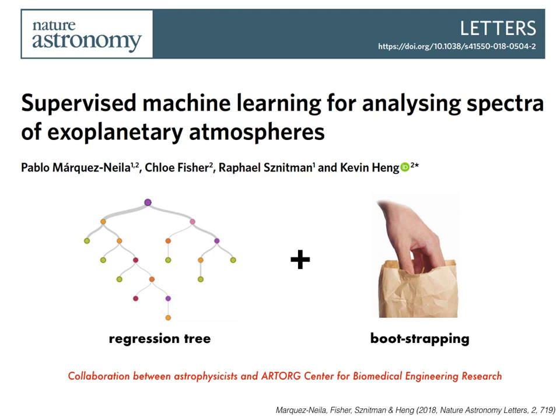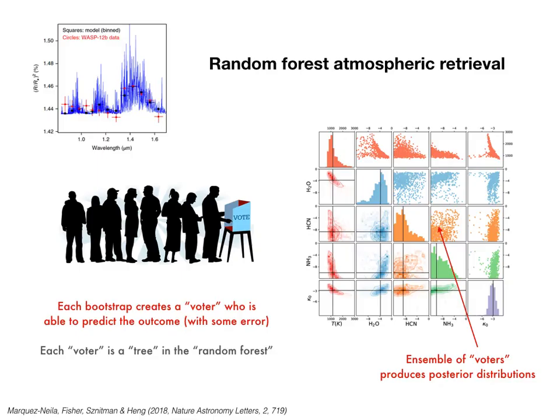And the idea is to train a collection of regression trees on a set of transmission spectral models and combine this with a method called bootstrapping, which ensures that each regression tree in the random forest is constructed in an uncorrelated way so that you can actually use it to sample posterior distributions. And the way to visualize it is to think of each tree in the random forest as like an independent voter.